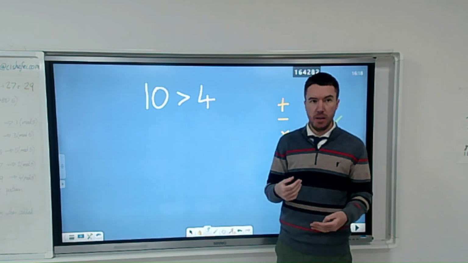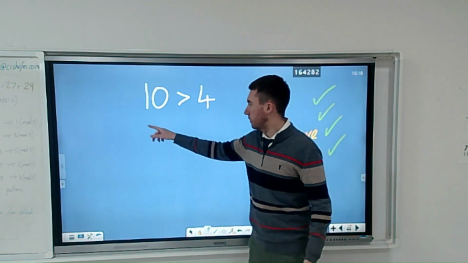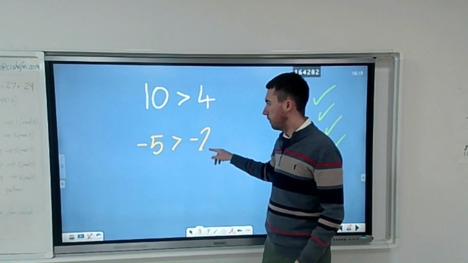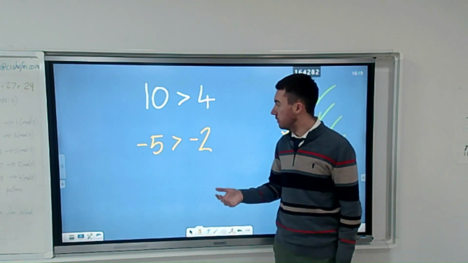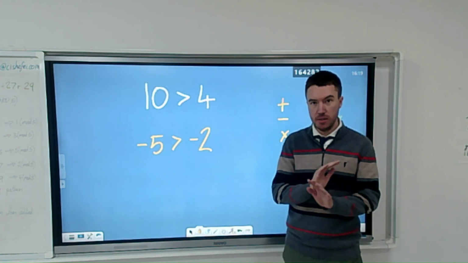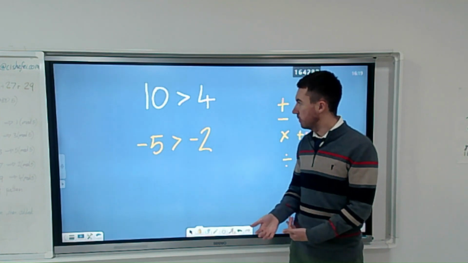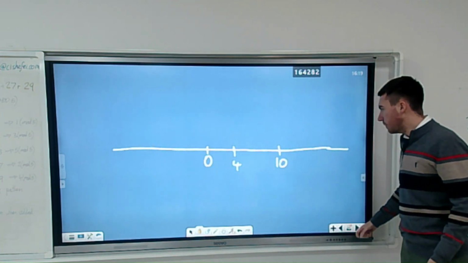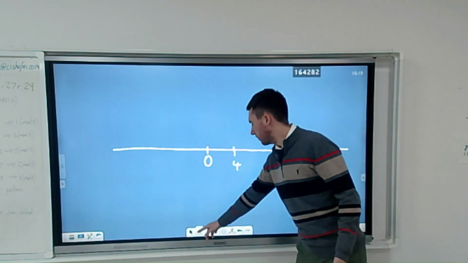If I divide by minus 2, I get minus 5 bigger than minus 2, which it is not. So again, it fails. Let's see if we can make sense of this.